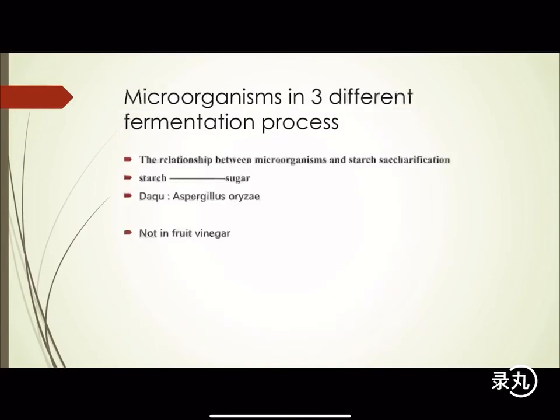Let's look at the microorganisms in three different fermentation processes. First, we are going to look at the relationship between the microorganisms and starch saccharification. This is mainly the process of microbes and amylase hydrolyzing starch and converting it into sugar.